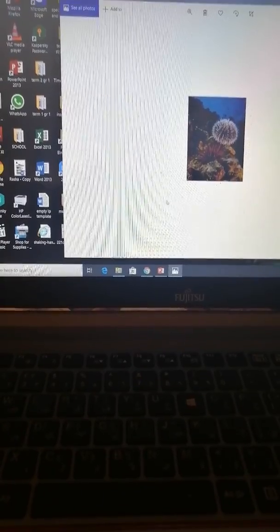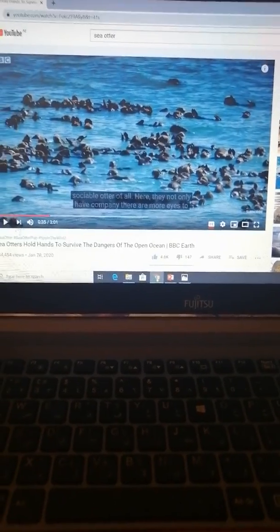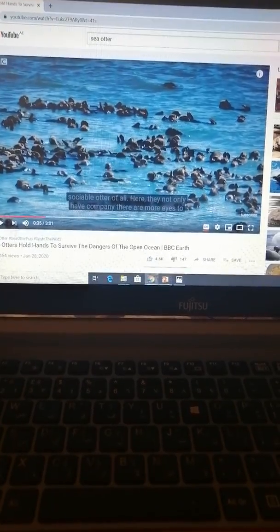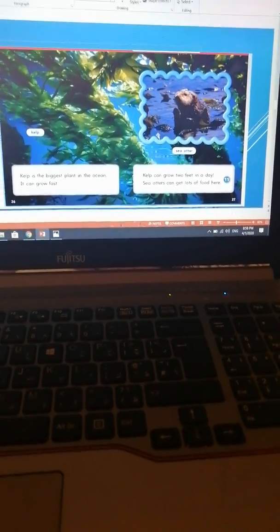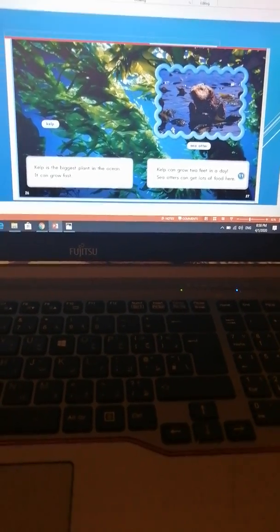Urchins. Okay, so sea otters live in the ocean because sea otters can find different kinds of food in the ocean. That's why I can find sea otters there.